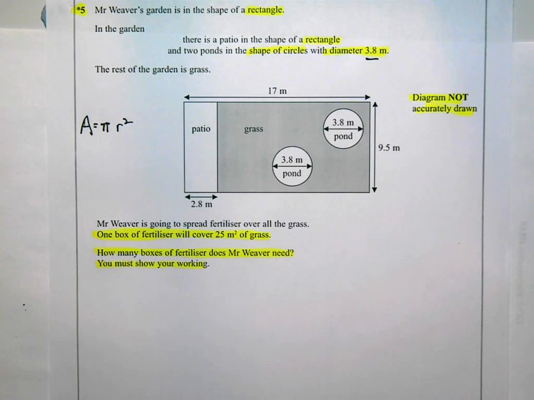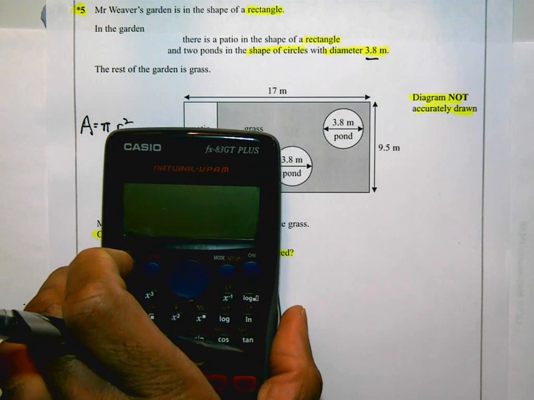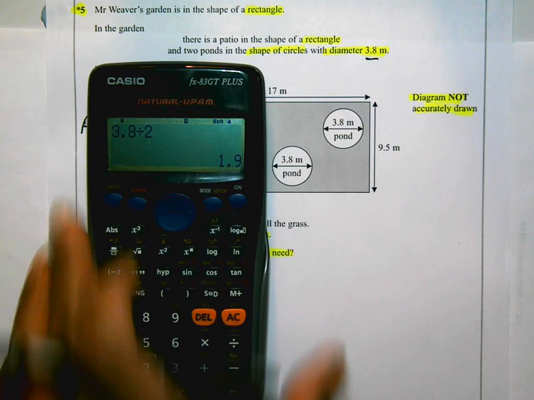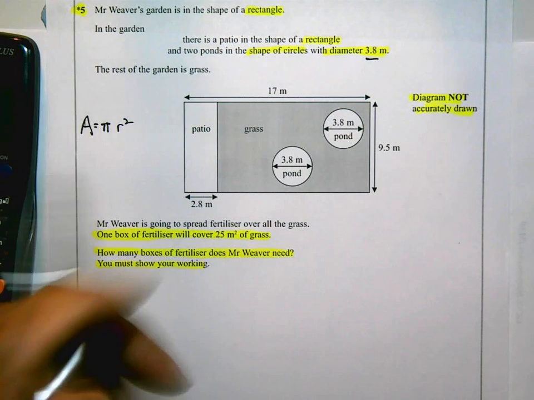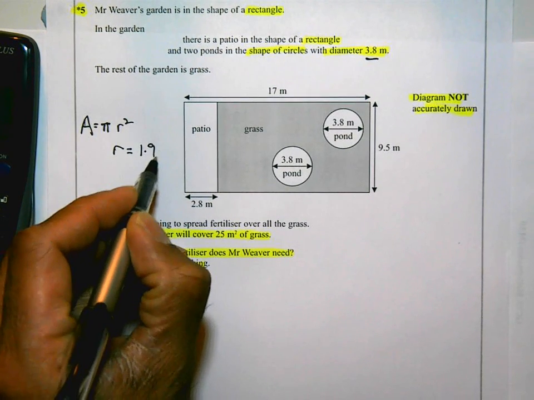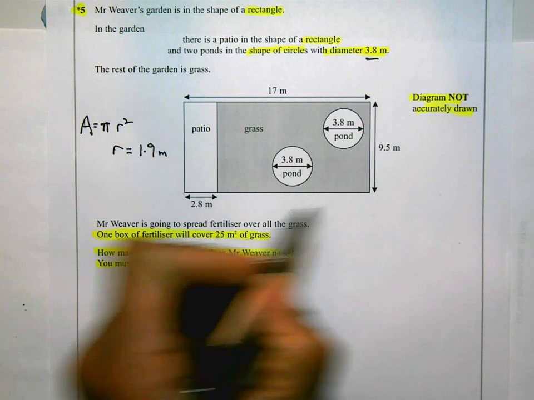So if I do 3.8 divided by 2, that gives me the radius, and the radius of the circle is 1.9. So I'll put that here. Radius is 1.9 meters.